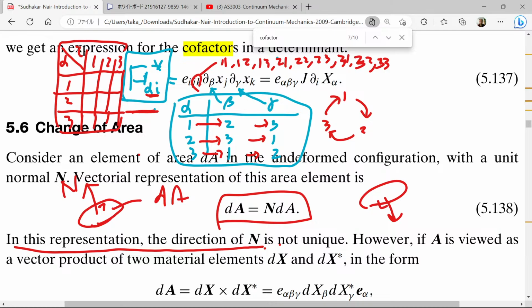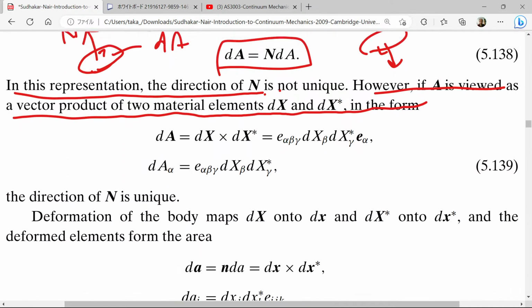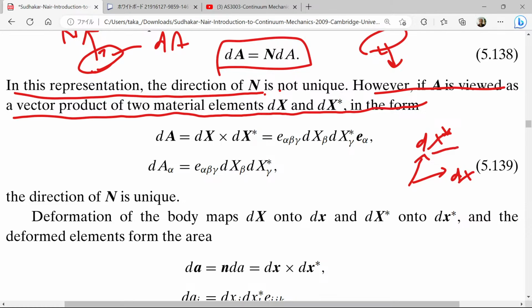However, if dA is viewed as a vector product of two material elements, dx and dx star, in this form, so if you consider dA in terms of these two vectors, dx and dx star, forming a parallel shape, a parallelogram, and you consider this to be dA, then the direction is uniquely decided.